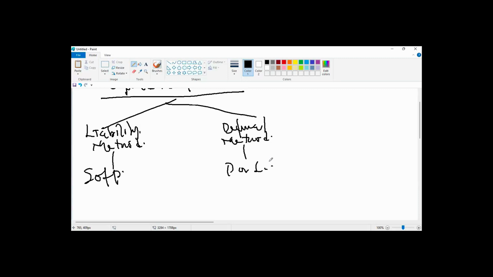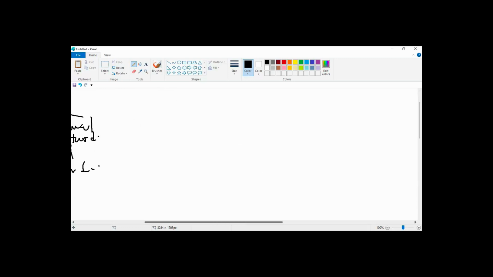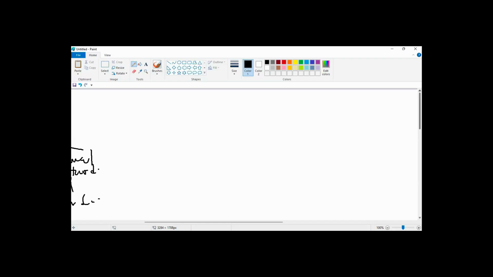So let's go to the second one. This one, they will give you the carrying amount, and you will determine the tax base.